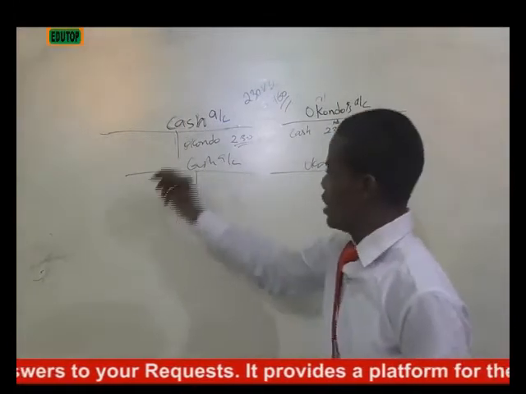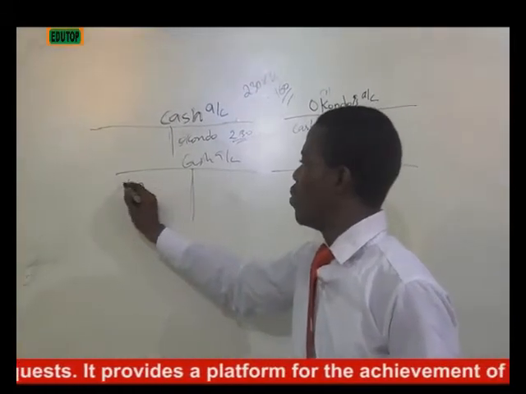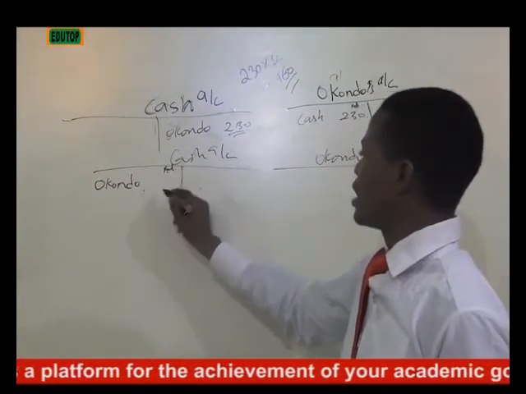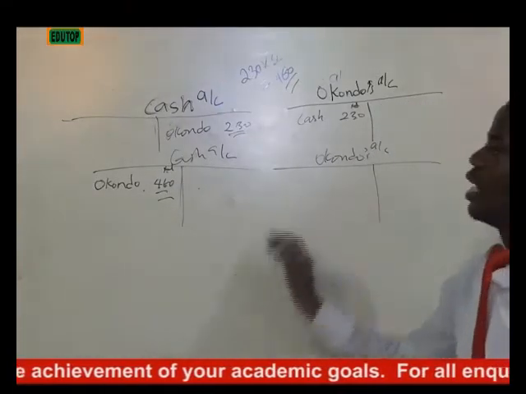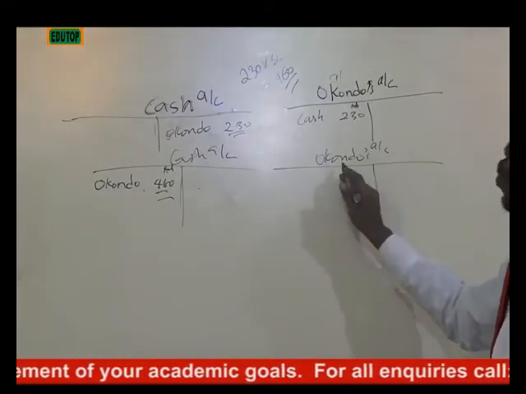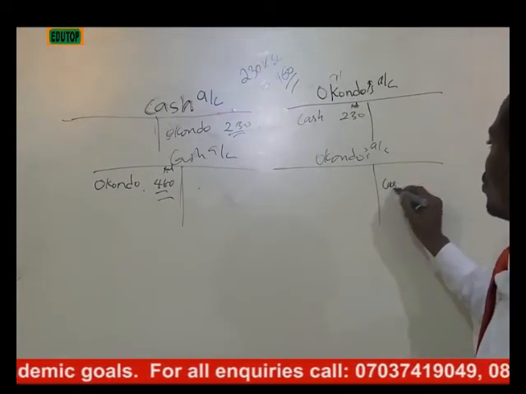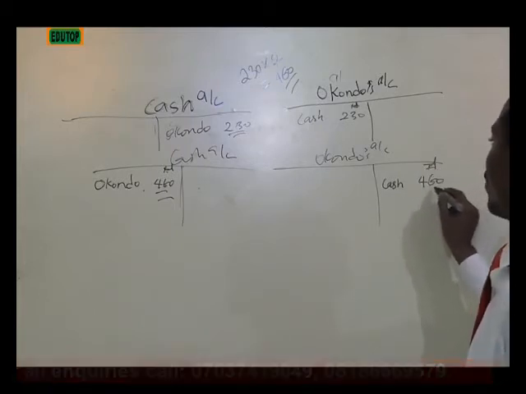So then we now correct the error. Okondo, that is 460. Then Okondo's, which is cash, and that is 460 now.